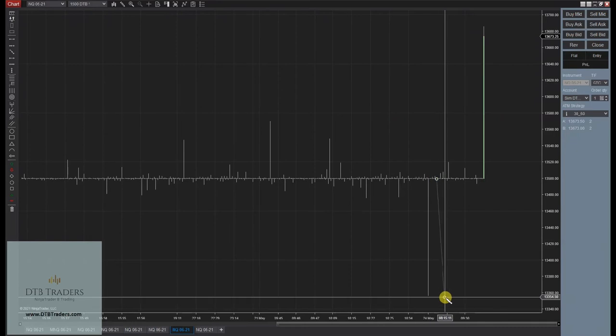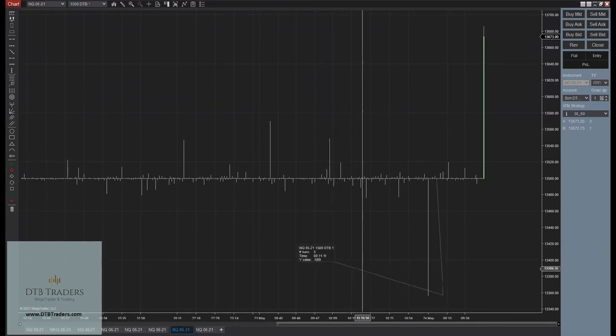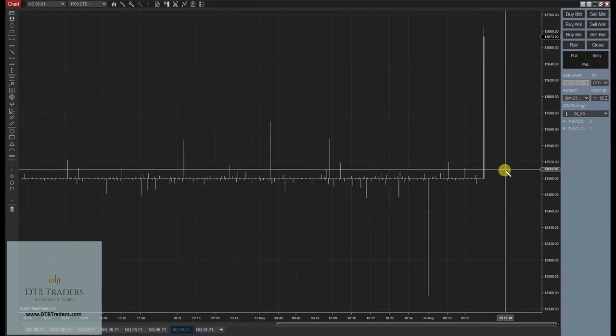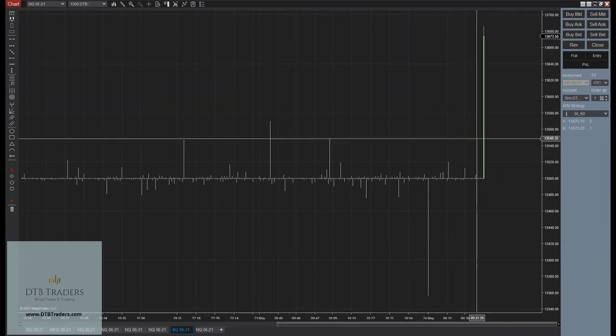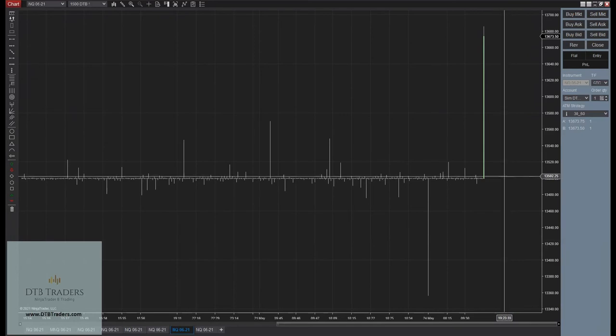So this largest one was 569 ticks, so just on a third of it, and we currently are 695 ticks away from the baseline on the 1500 chart.